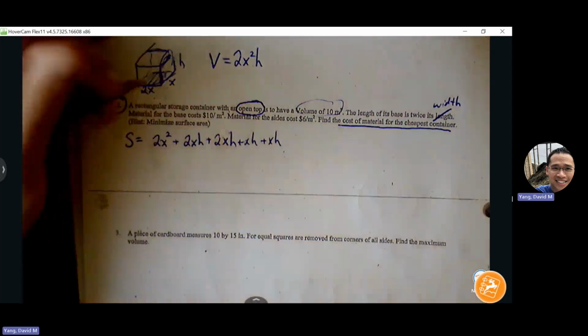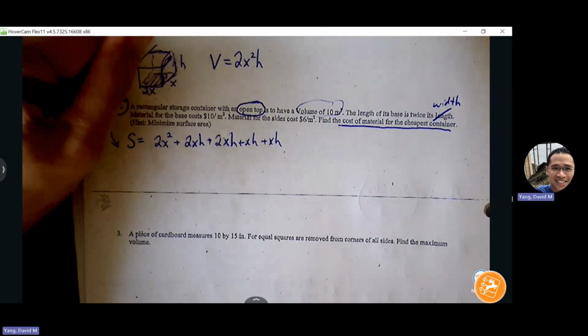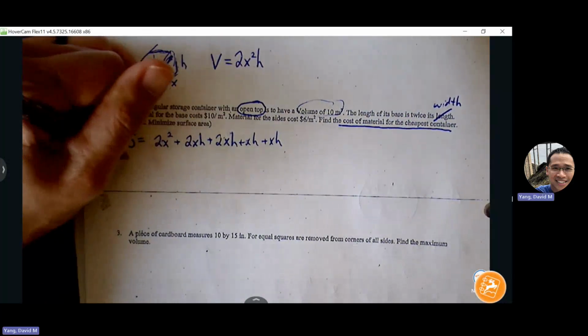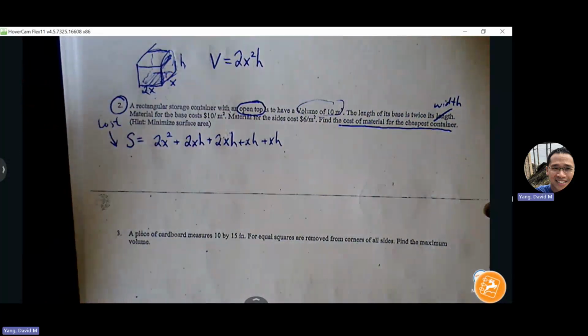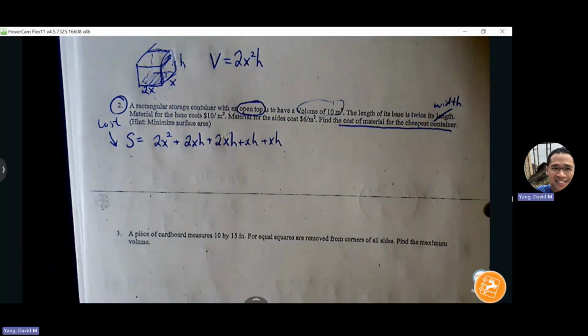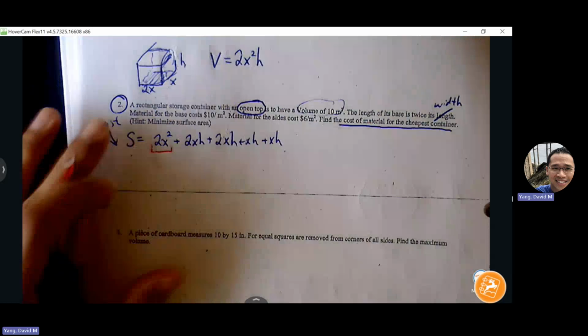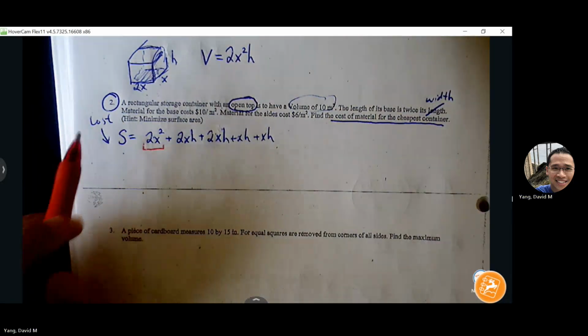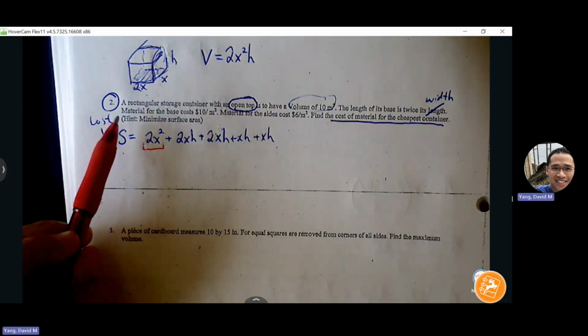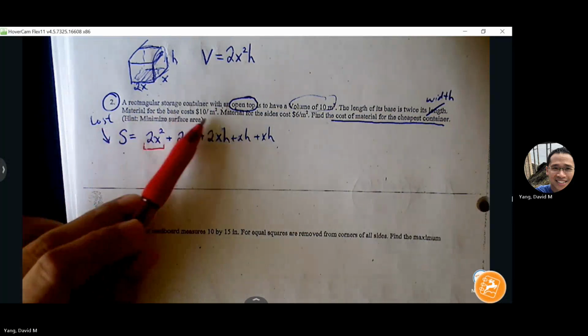Now, surface area has cost associated with it. All right, so we're going to turn this into a cost equation in a second, because how much is associated with the base? What does the problem say? Material for the base costs $10 per square meter.